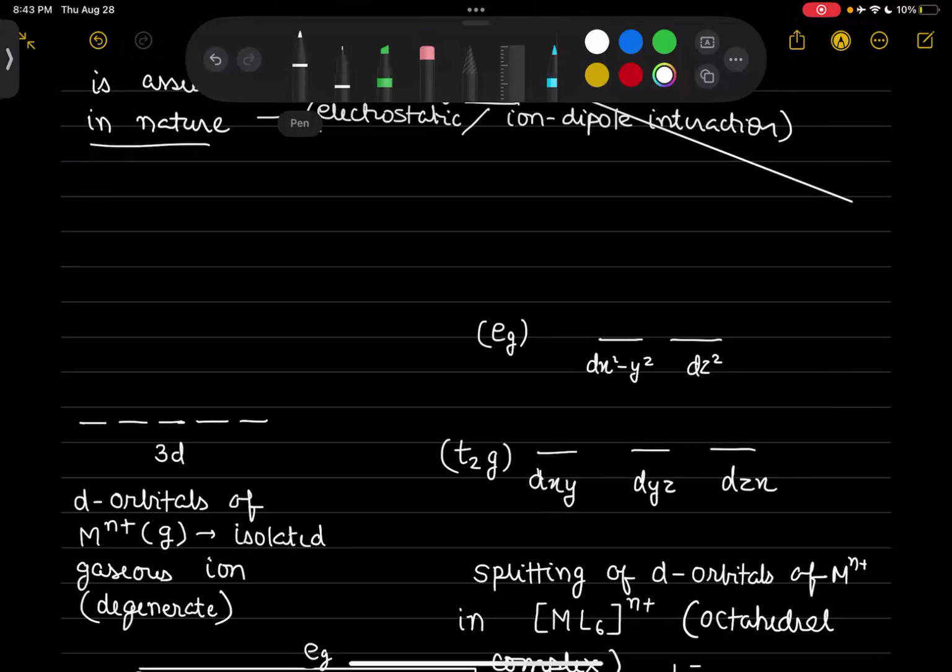Okay, so what you can assume is this is the metal ion, right? And the metal ion is at the origin, and there are axes, x-axis, y-axis, and z-axis. Because it is an octahedral complex, you can assume the ligands are approaching the metal ion along the x-axis, y-axis, and z-axis.